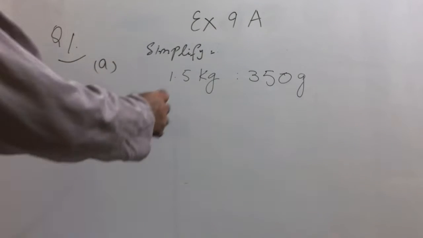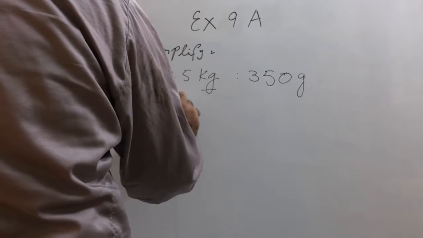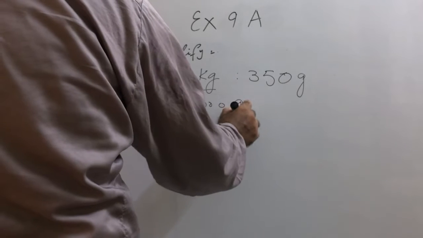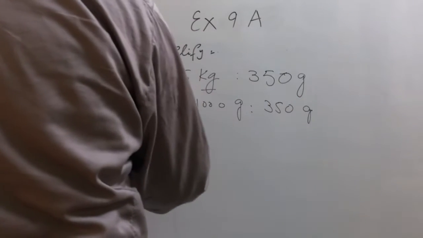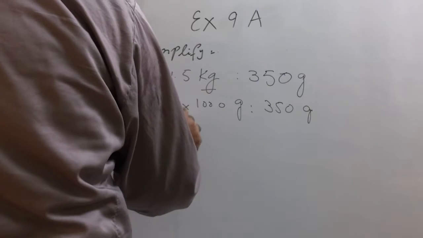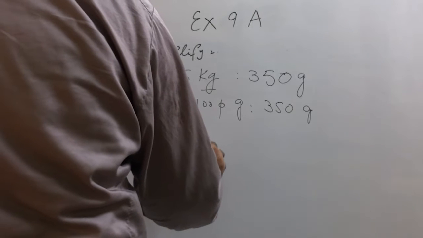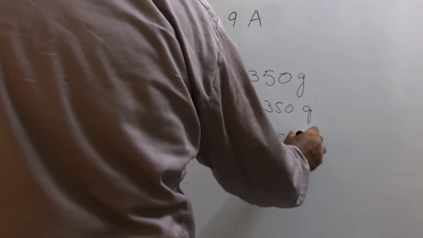So first we will bring it in the grams. 1.5 multiplied by 1000, so it becomes grams. Here we have 350 grams. Remove this decimal point, 0 goes with 0, so it is 1500 gram. This is 350 gram.